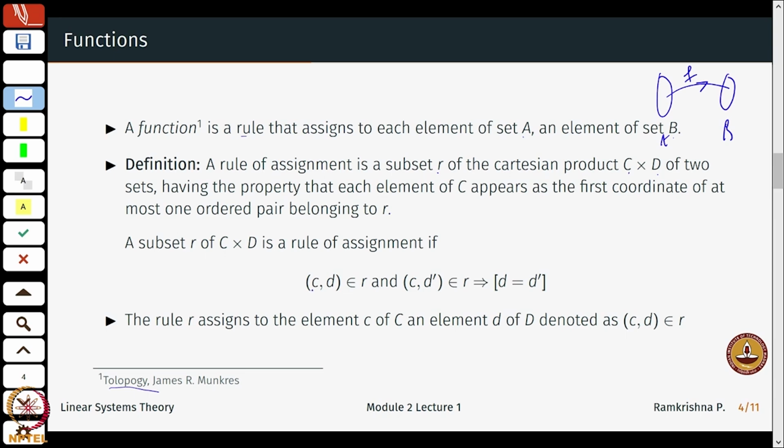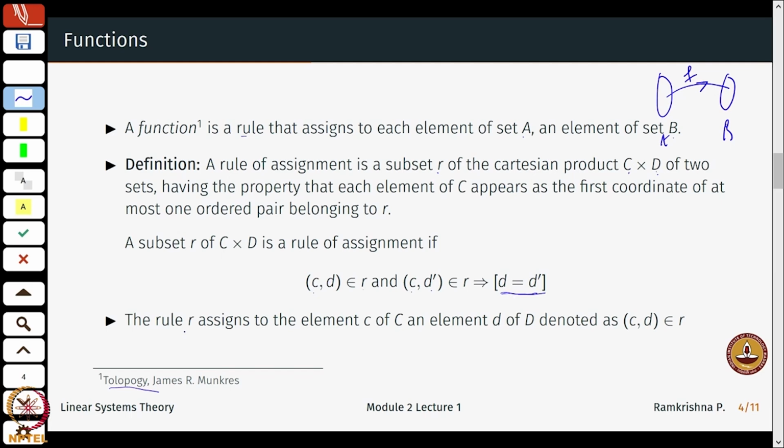Okay, so I look at (c, d) as assigned, or associated, with a rule R, and it's the same rule if I say (c, d'). It essentially means that d should be equal to d'. So there is only one unique rule that defines c and d, c coming from a set capital C, d coming from a set capital D, right.